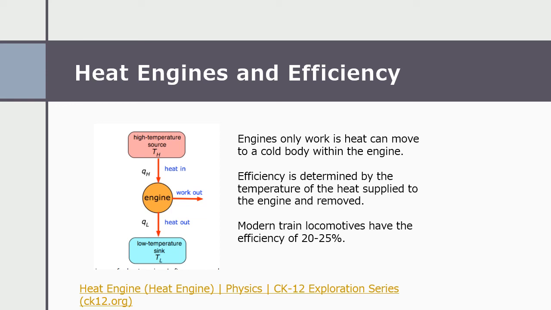As you can see, modern train locomotives have an efficiency of 20 to 25%. So of all the gasoline that is used to power these trains, only 20 to 25% of the energy is actually used and converted into work, while the remaining 75% is just released into the environment.